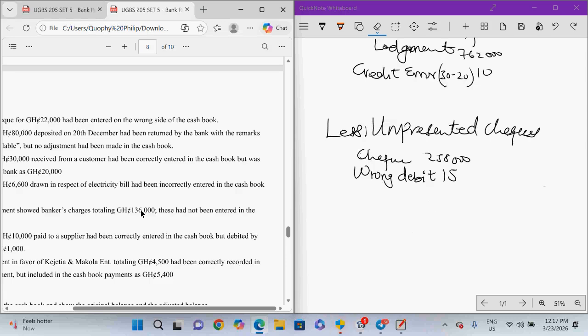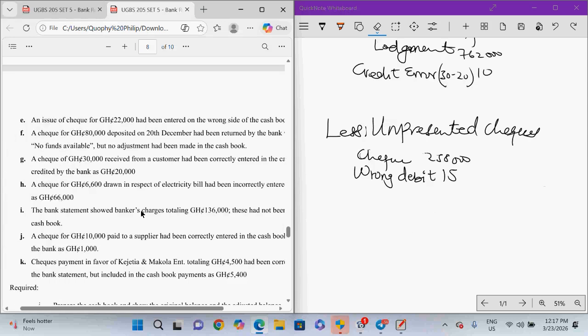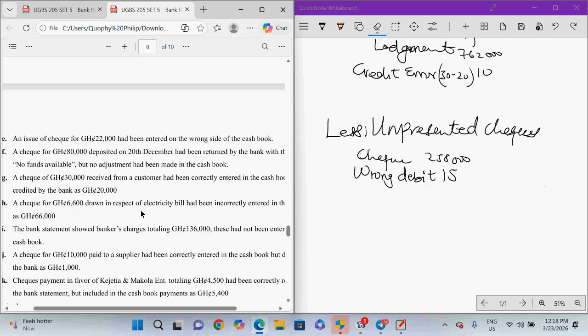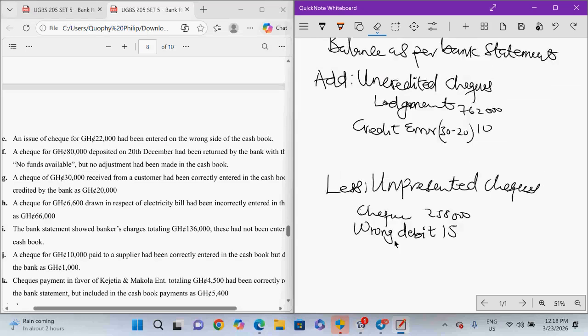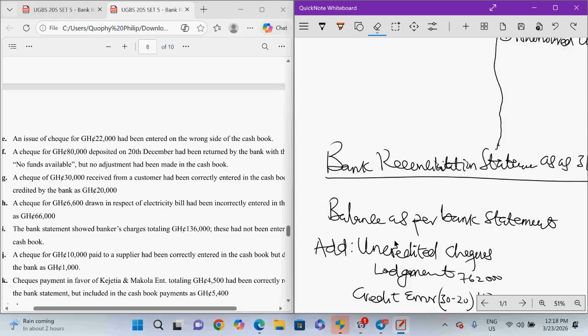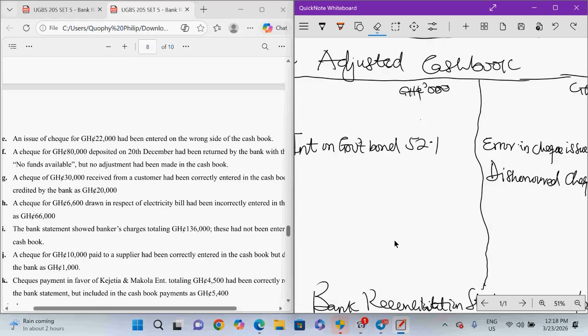So it means you have to adjust our cash book because the error is affecting our cash book. So let's quickly go to our cash book. If we make it, where do we record it? On the credit side. So the amount is supposed to be what? It's supposed to be 6,600.